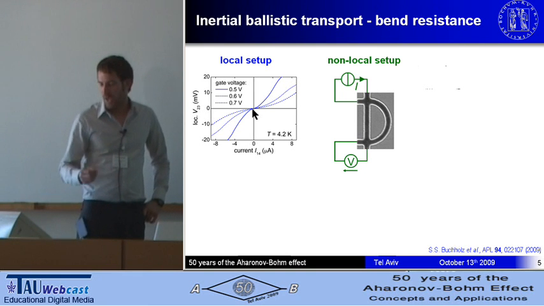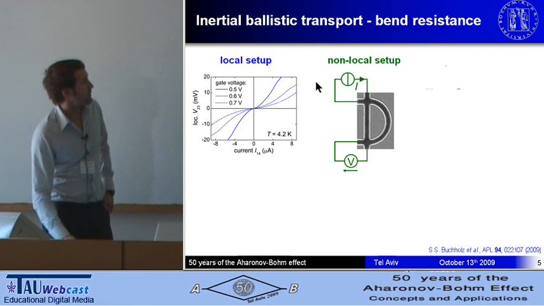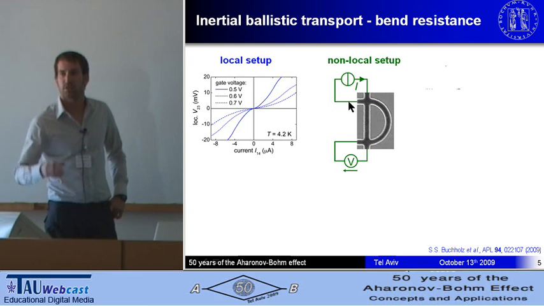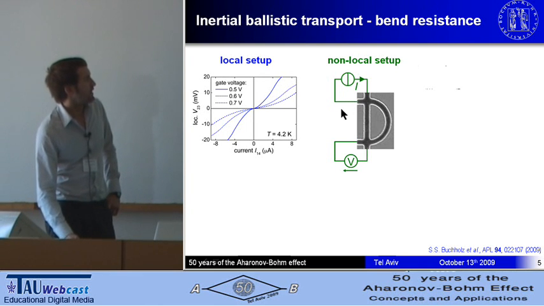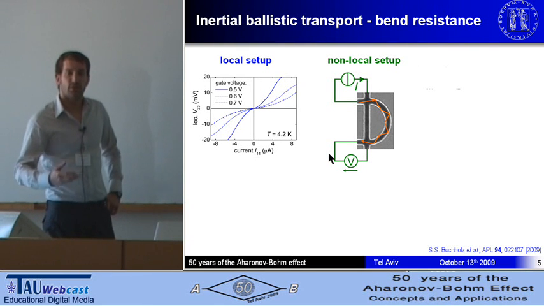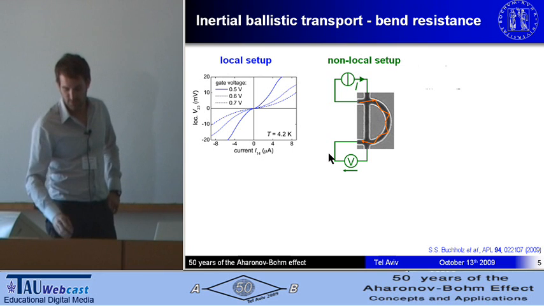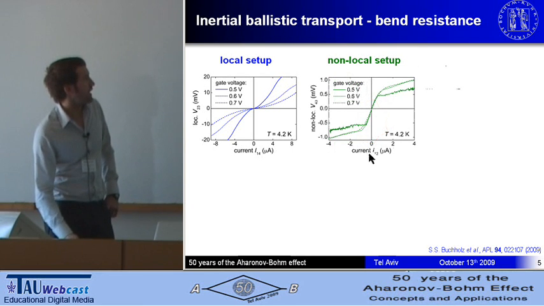So let me remind you, in the non-local setup, we introduced the current up here, and we know that the electrons have a free mean path which is much larger than the complete length scale of the device. So electrons will not be able to follow the electric field around this corner, but rather be injected in the opposite lead, eventually end up here, and induce an enhanced voltage when measuring this VI characteristic.